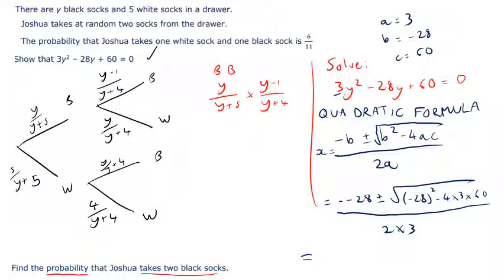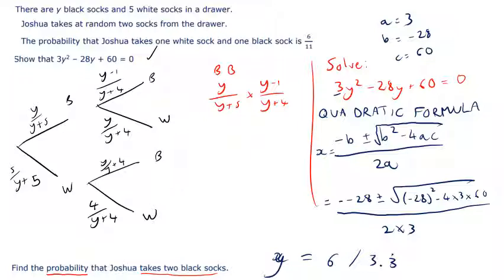Oh, I've typed it in wrong. Sorry, one second. I get two different solutions. One of which is x equals 6. The other one of which is x equals 3.3 recurring. Now, in this case, actually we're solving in terms of y, aren't we? So this is what y equals. y equals 6 or y equals 3.3.